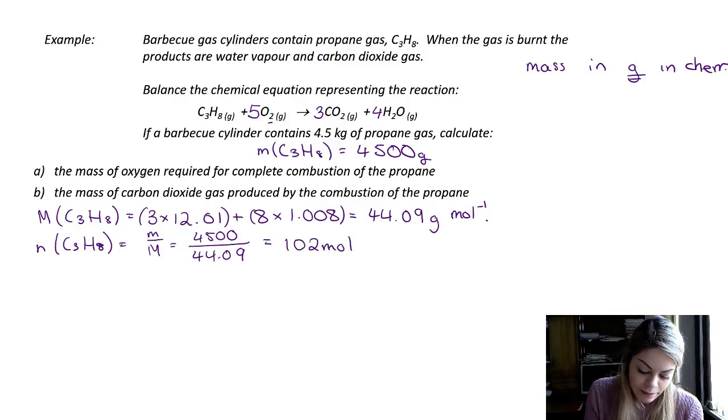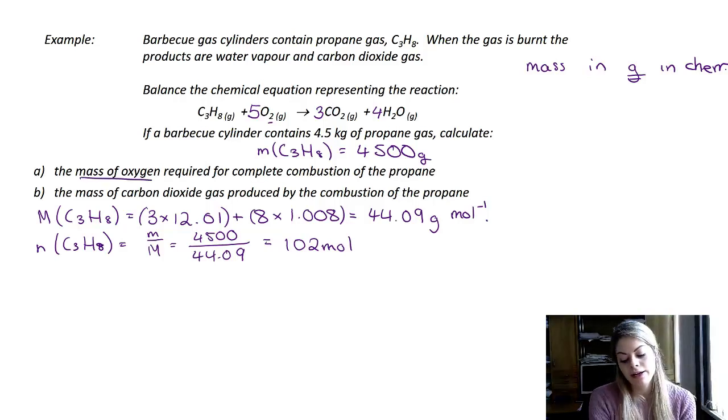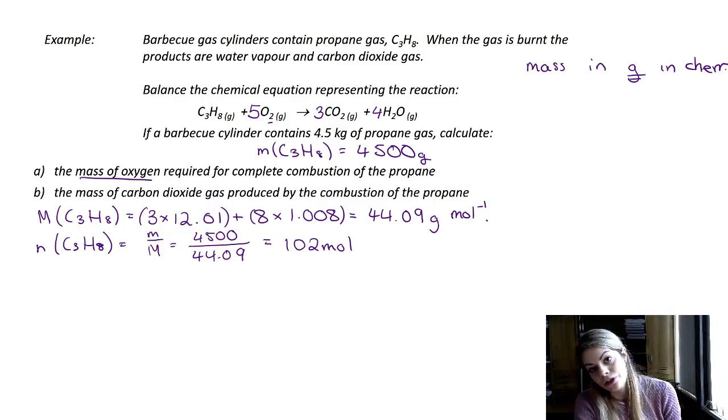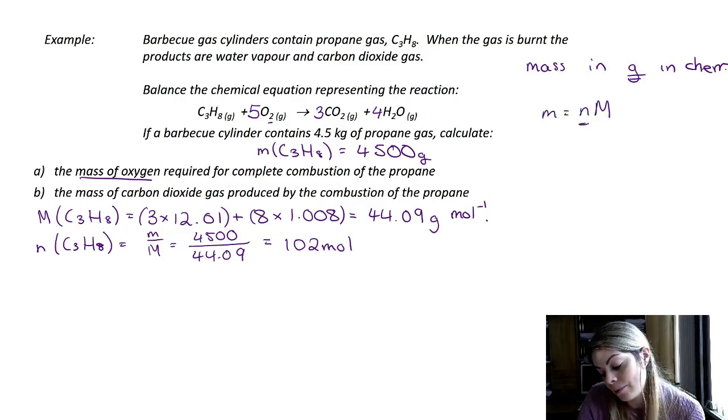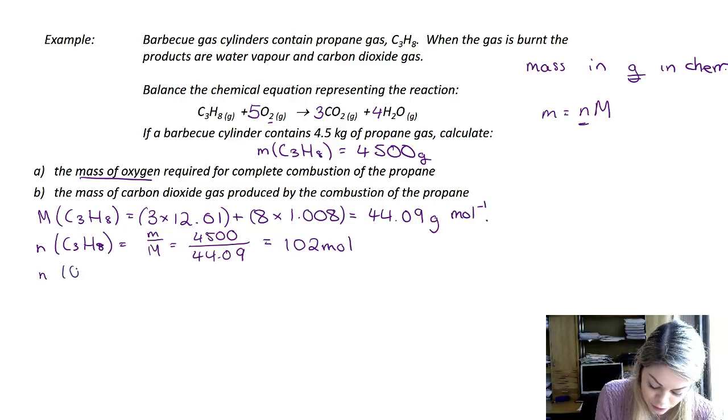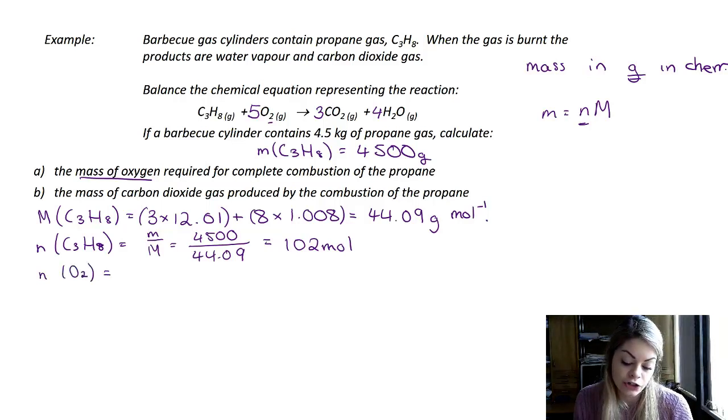Now, I want to know the mass of oxygen. To find out the mass of oxygen, I first need to know the number of moles of oxygen, because the mass is the number of moles times the molar mass. So what is the number of moles of oxygen? Well, how many oxygens do I need for each propane?